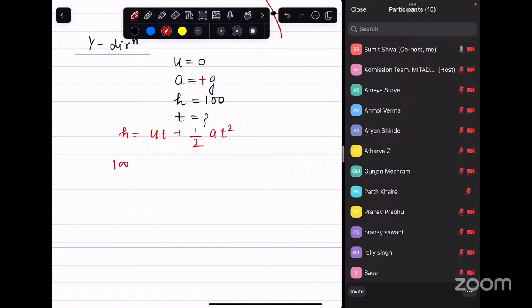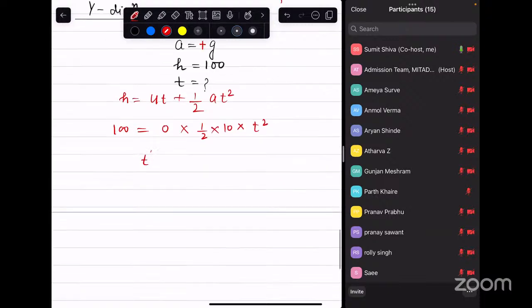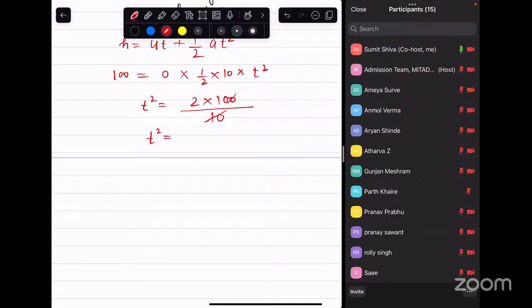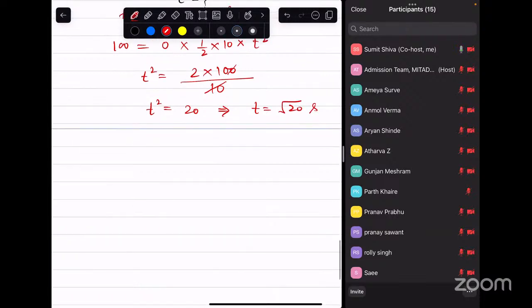H is 100, u is 0, 1 by 2, a is g, that is 10, into t square. So if you solve it for t square, this will be 2 into 100 divided by 10. One of the 0s will cancel out. So t square will be 20 and t will be square root 20 seconds.